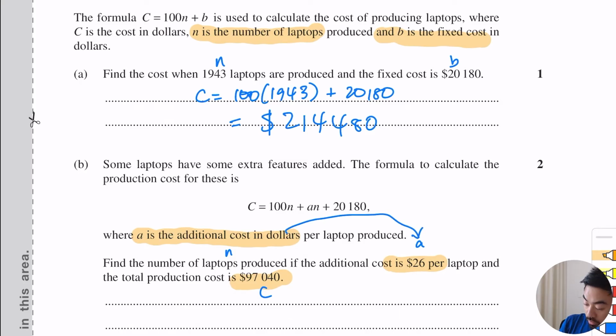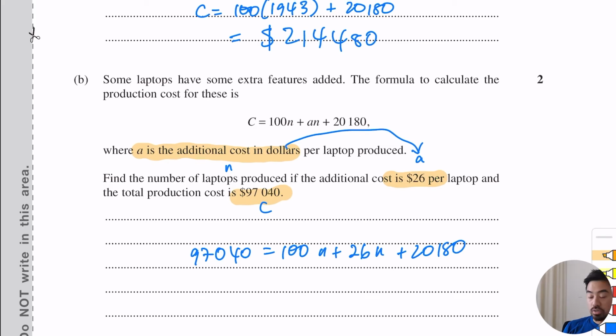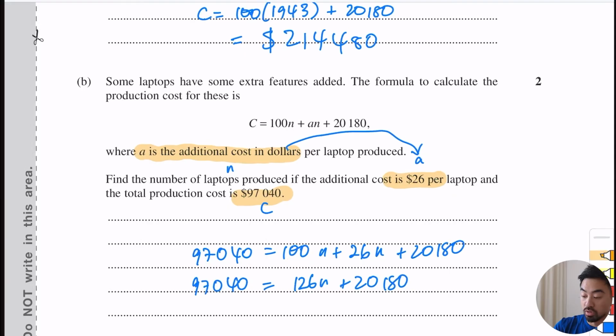Okay, so we've got 97040 equals 100N plus 26N plus 20180. So we've got an equation here. 97040 is equal to 126N at like terms. Subtract away 20180 from both sides. I'm not good enough to do that in my head.